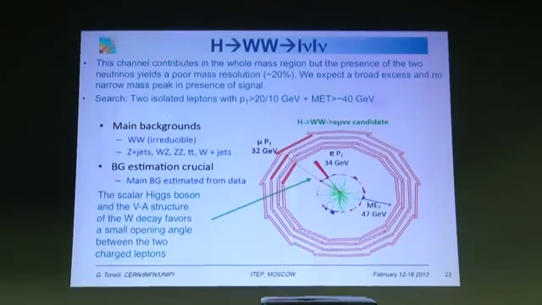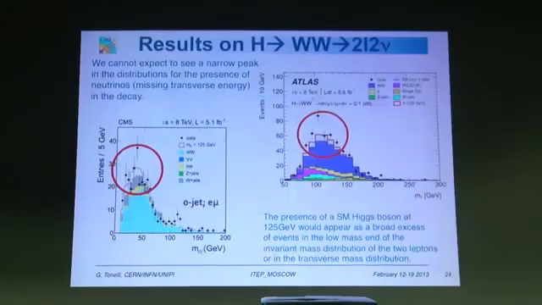So what you do, basically, you study WW events in which the opening angle between the two leptons is quite small, or if you wish, the transverse mass of the system of the two leptons is very small. And here you see, for example, the transverse mass or the invariant mass of the two leptons, the CMS and ATLAS results, again presented in Ancher.